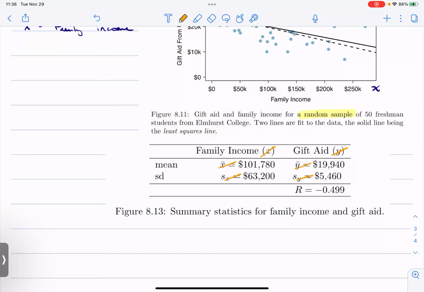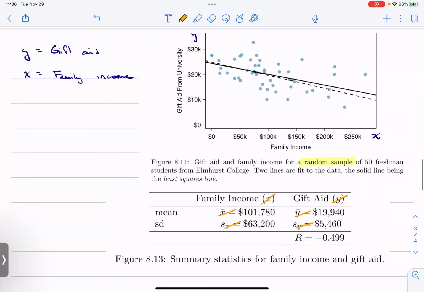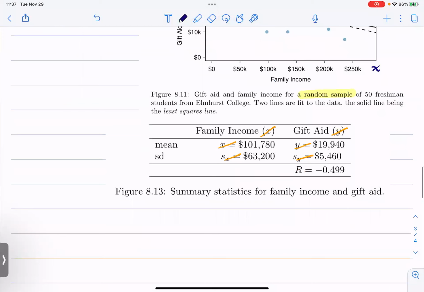That's the kind of scenario where you need to say, okay, Y is the gift aid, so this would be my Y's: the mean of Y, the standard deviation of Y. Family income is my X, so this is the mean of X, the standard deviation of X. So even if these aren't given, you need to be able to handle that. But here they're being super nice, which I am not, I guess. I'm giving it to you.